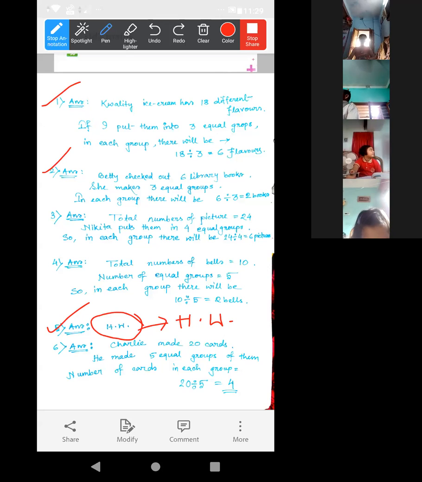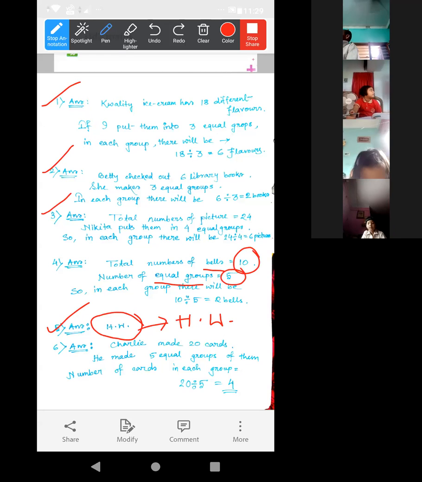Number 4 here, number of bells. No need to write even equal, okay? Here also, he wants to put in 5 equal groups. Otherwise no need to complete this one.